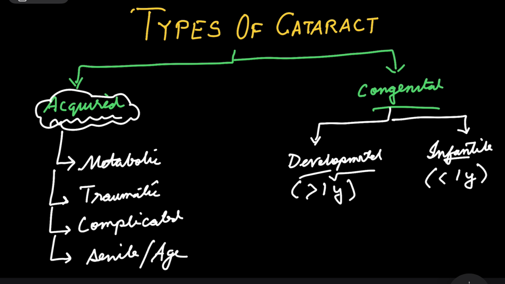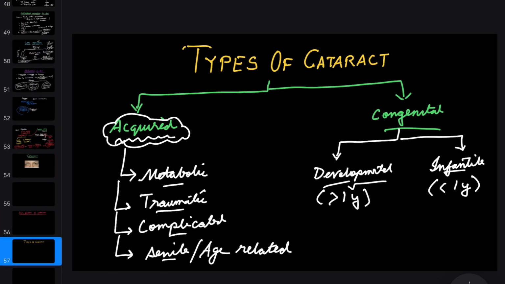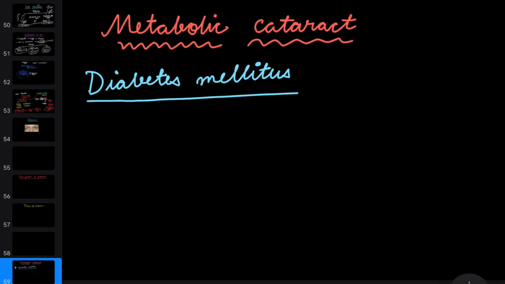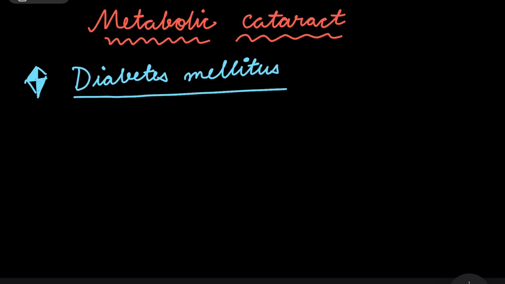Age related. So it is pretty self-explanatory. Metabolic cataract, traumatic cataract, complicated, and senile or age related cataract. Metabolic cataract, what does this mean? Let's now talk about these individual things. So what exactly does metabolic cataract mean?